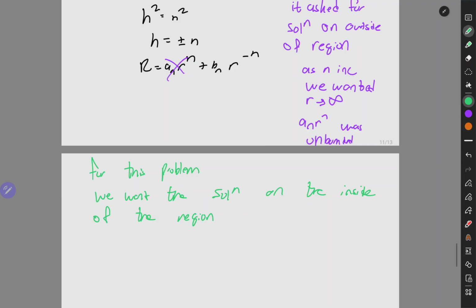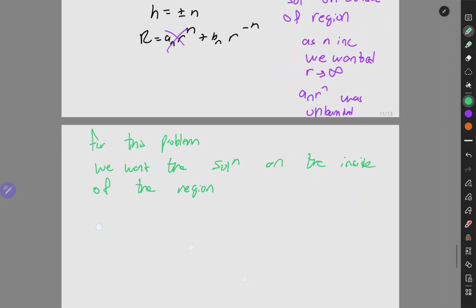So we can just say u must be bounded when r equals 0.